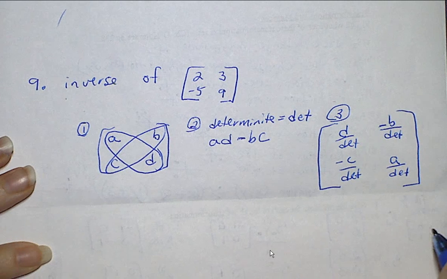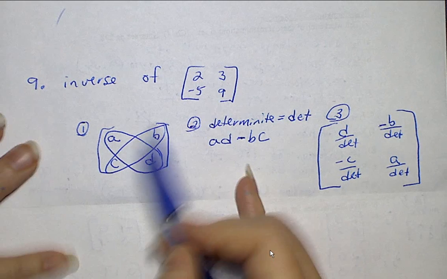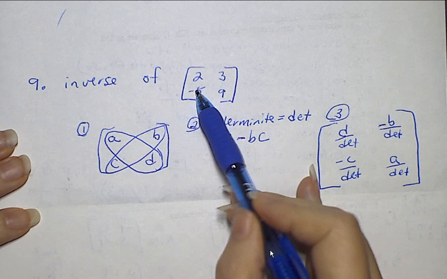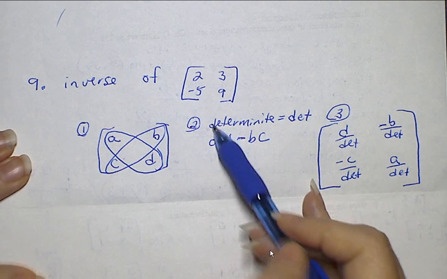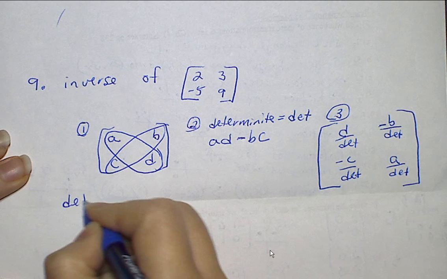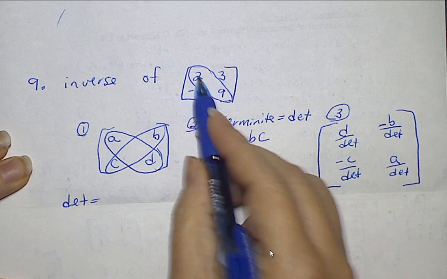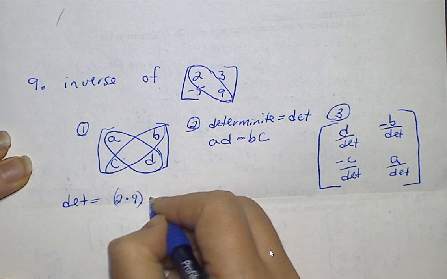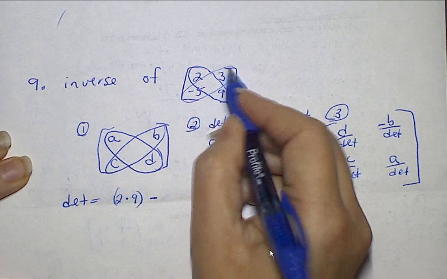Alright, so now what does that mean? So now that we have the formulas, we can now use them. So now this is our first one, knowing that this is A, D, B, C, we're good. So now we find the determinant. We're going to find DET. Remember, it's multiply this together. So we have 2 times 9. And then we're going to subtract negative 5 times my 3.